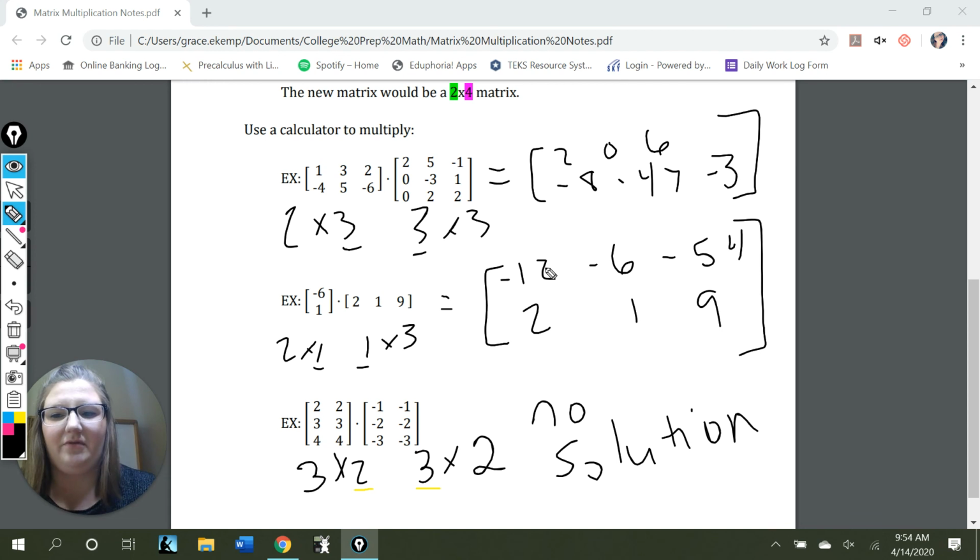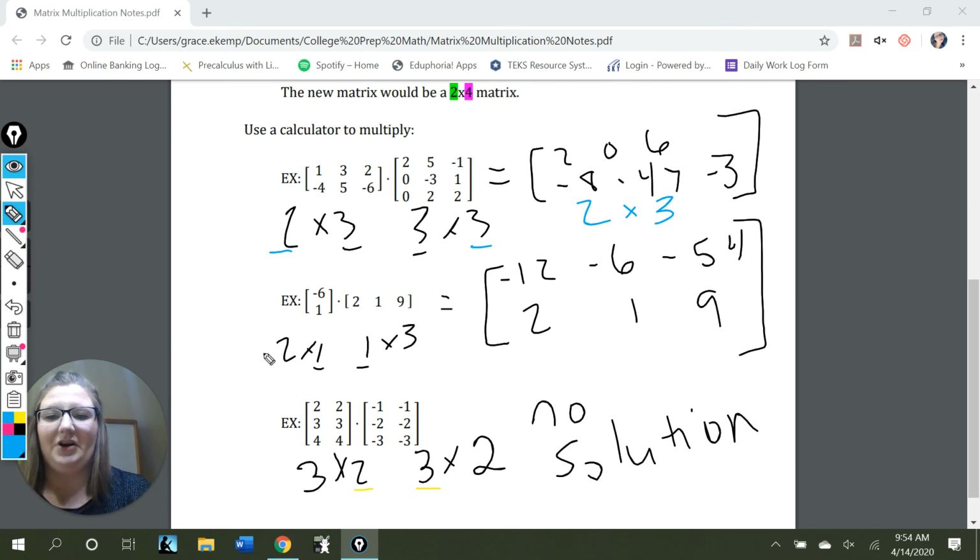And then our other part of our rule said if we could multiply them, the size would be the rows of the first matrix and the columns of the second matrix. So our final answer should be 2 by 3. Well, up here we had 1, 2 rows and 1, 2, 3 columns. It's kind of hard to see from the way I wrote it out, but it's a 2 by 3 matrix, so it follows that rule.